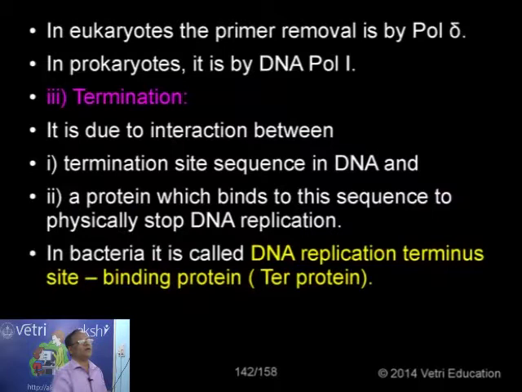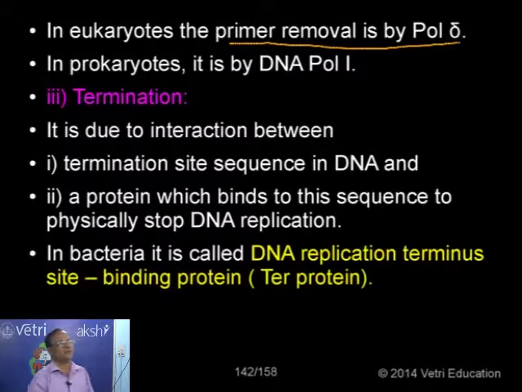Now, we also need something for the removal of the primer. Once the primer has been removed, only then do we replace the primer with DNA nucleotides. In the case of eukaryotes, the one responsible for the removal of the primer is polymerase delta, the same one responsible for the synthesis.